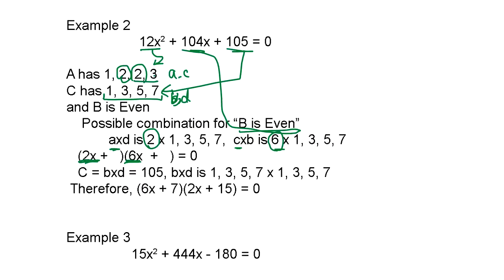C is 1 or 5. So b times d is all odd number times odd number. We kind of need to guess here. There's not much help here. We come up with 715 by trial and error.